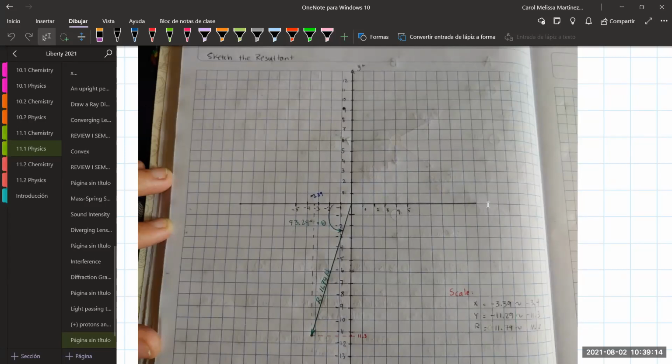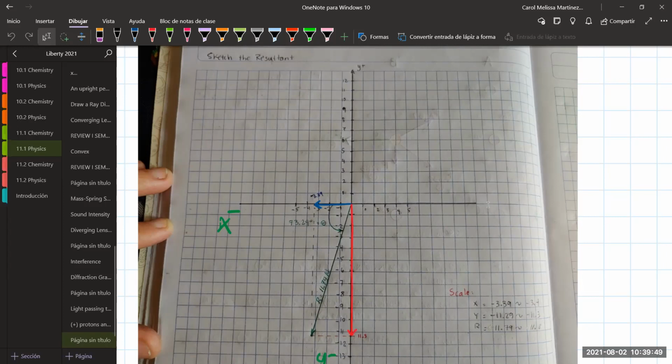So when I did the resultant, because they are the two negatives, I'm going to use the quadrant negative x and negative y. Okay, so in x, I got negative 3.4. So it's in this direction, negative 3.4, more or less. And in y, I got 11.3 negative, so that means that it's going down. 11.3.